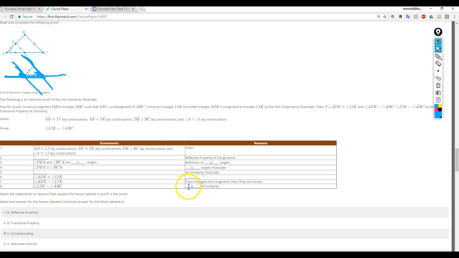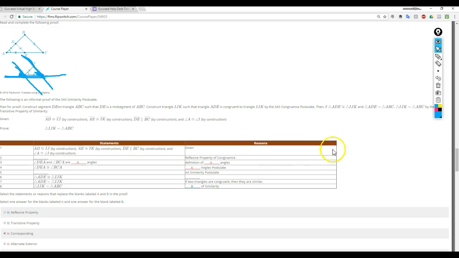And if we look here, it says blank of similarity. So let's look and compare the last two statements. Triangle ADE is congruent to triangle IJK. Therefore, triangle ADE is similar to triangle IJK. And triangle IJK is similar to triangle ABC.